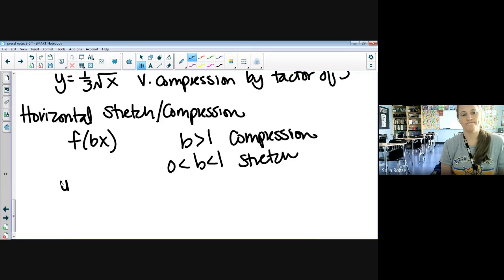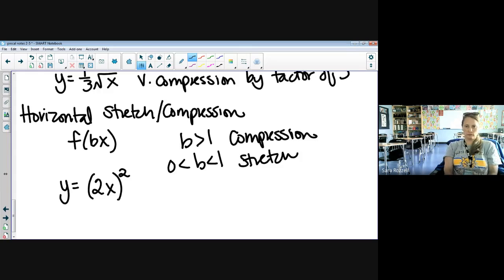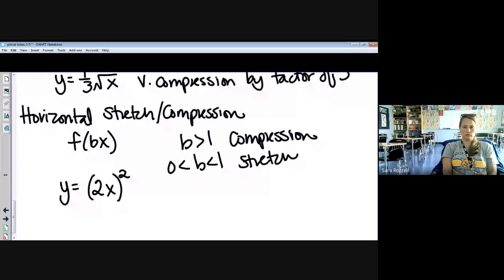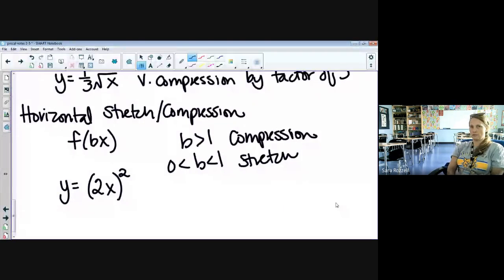Okay. So if I had y equals 2x squared, is this going to be a horizontal compression or a horizontal stretch? Did I write the wrong numbers in there?